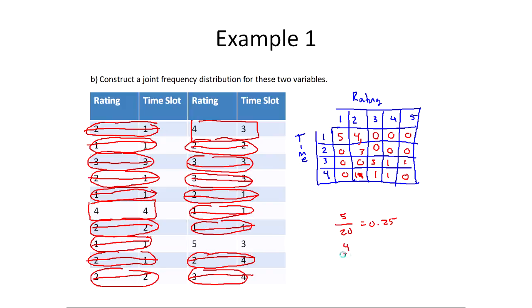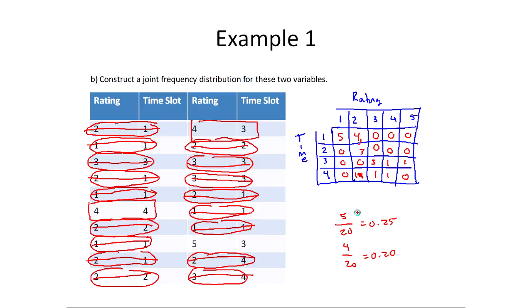So I would put 4 out of 20, which is 0.20. I put a 0.20 here. All these would be 0.00, 0.00, etc. This would be a 3 out of 20, 3 out of 20, 1 out of 20, etc. So you could also make this into a relative joint frequency distribution or a joint relative frequency distribution by doing the same kind of process we did before.